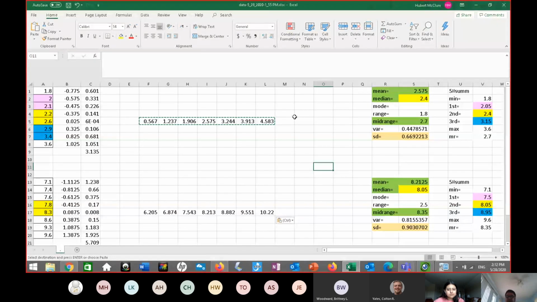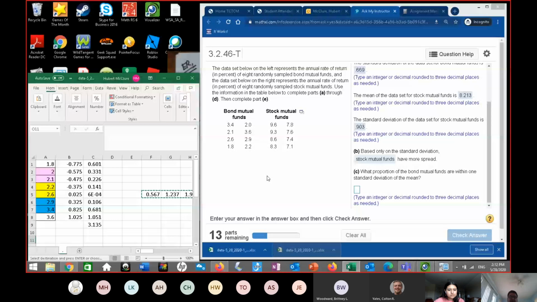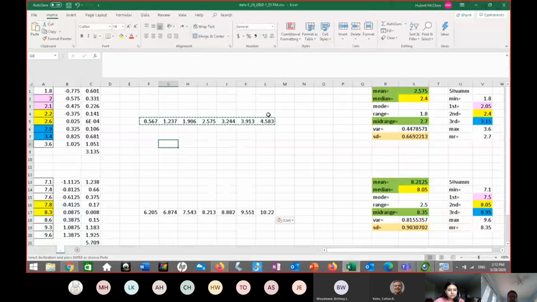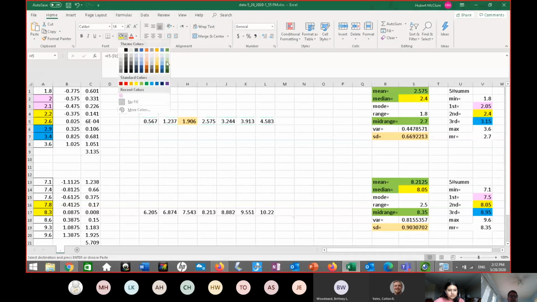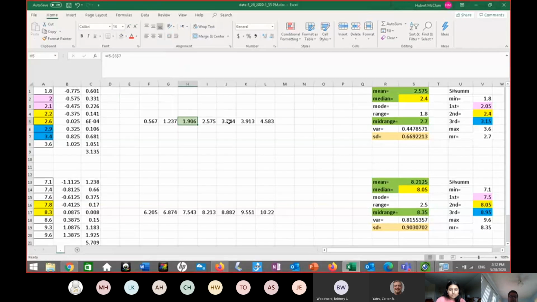They're saying what proportion of the bond mutual funds are within 1 standard deviation of the mean. Now, I don't know if they're actual or by the empirical rule, but by the empirical rule, 1 standard deviation of the mean would be here and here.